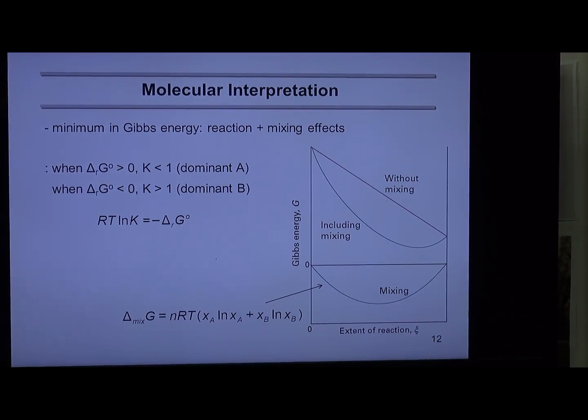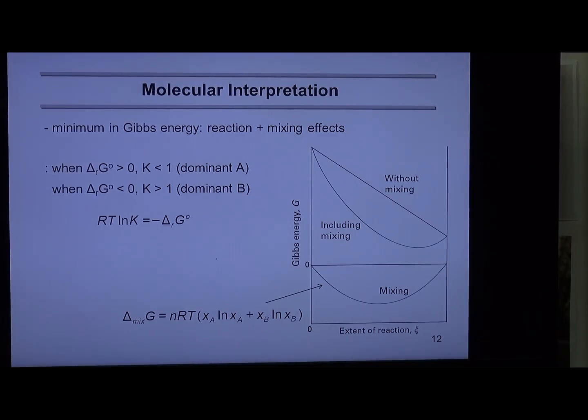If there is no entropy term, basically if there is no mixing effect of reactants and products, then Gibbs energy would change like this or like this, depending on the reaction, if it is exothermic or endothermic, right?